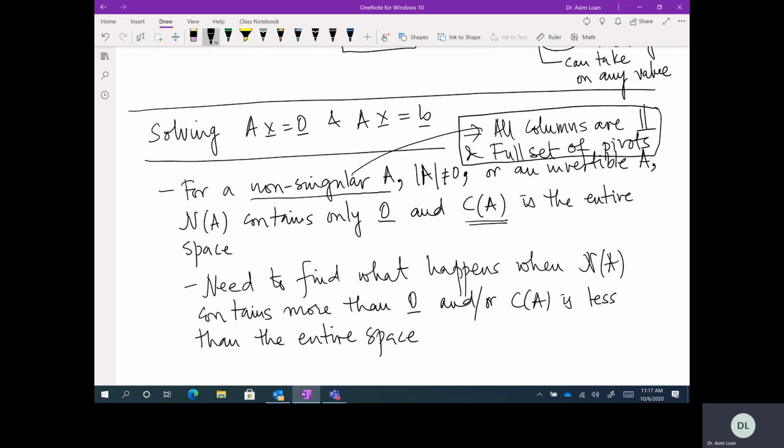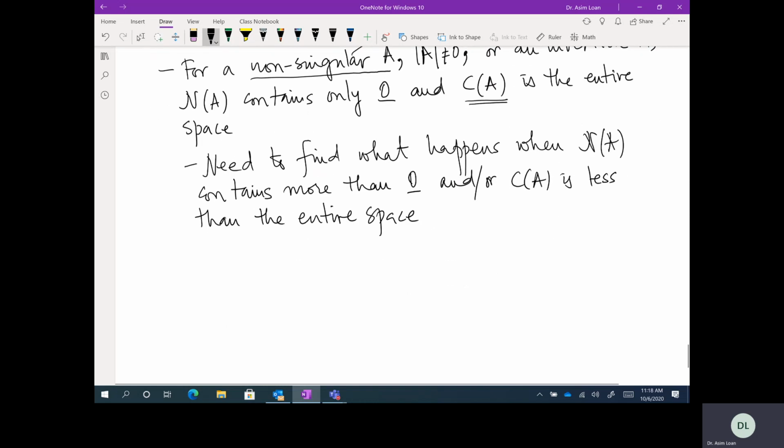So I think the best way is to look at an example and see what happens.